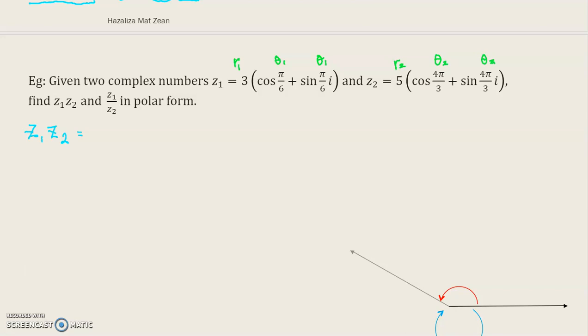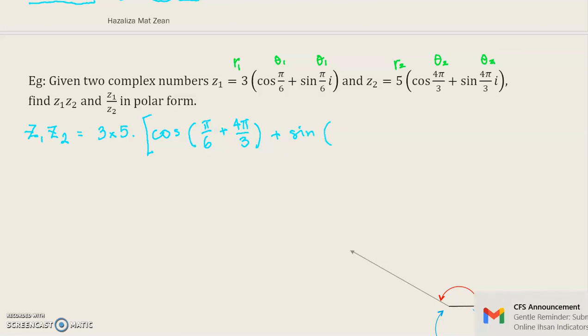So what we are going to do is just use the formula. 3 times 5, and then the argument would be you add theta 1 with theta 2. The argument for sine should be the same; it cannot be another value. So you just copy it and put i, that will be the imaginary part.